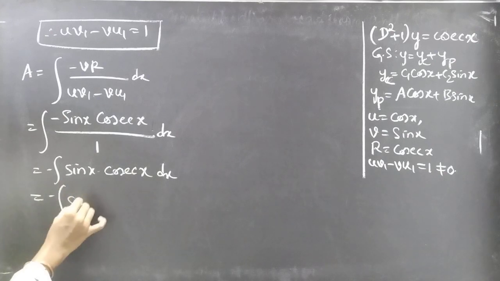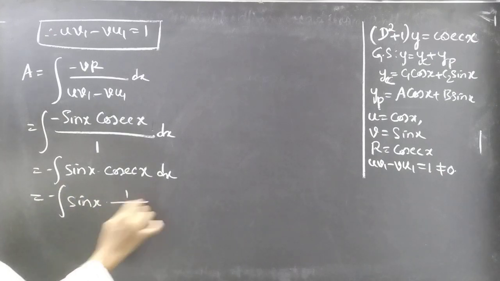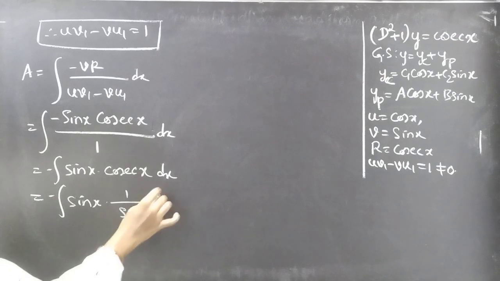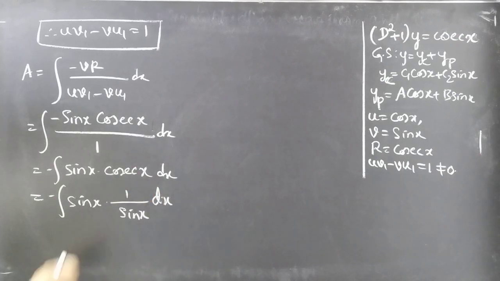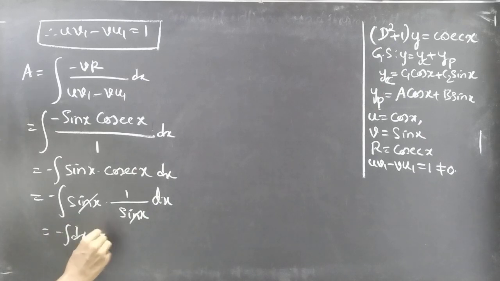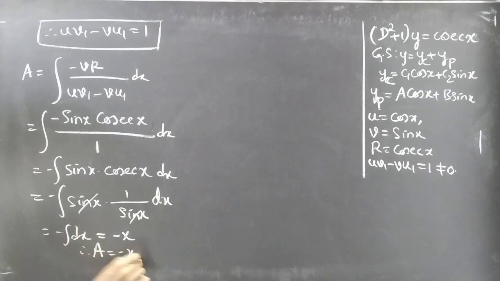Since cosecant x is the reciprocal of sin x, let's replace cosecant x with 1 by sin x. Here sin x gets cancelled, this equals minus integral dx, which is minus x, right? Therefore, a equals minus x, right?